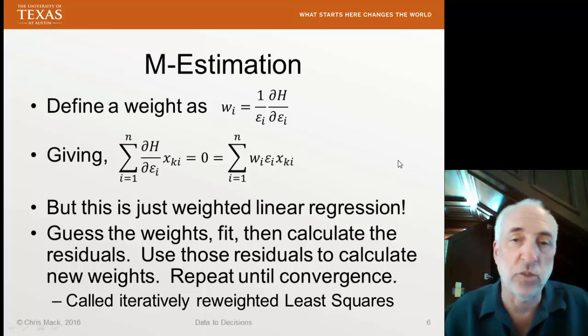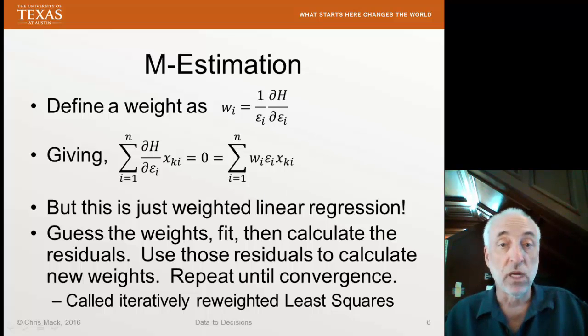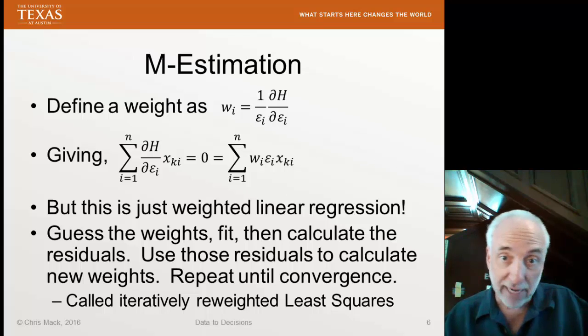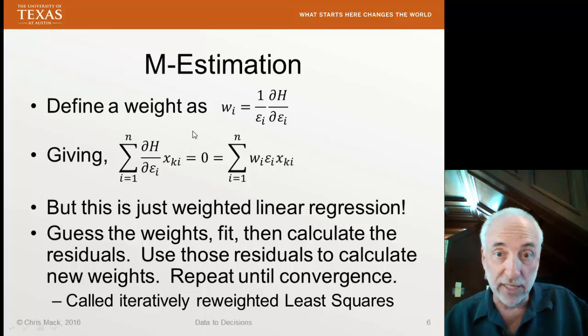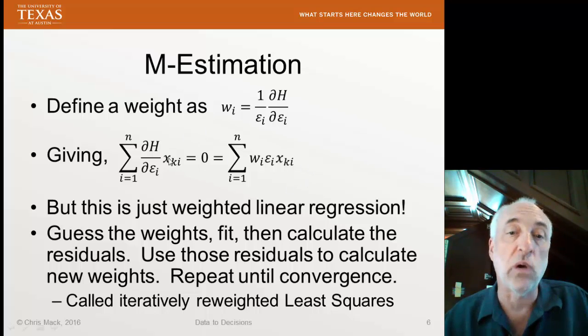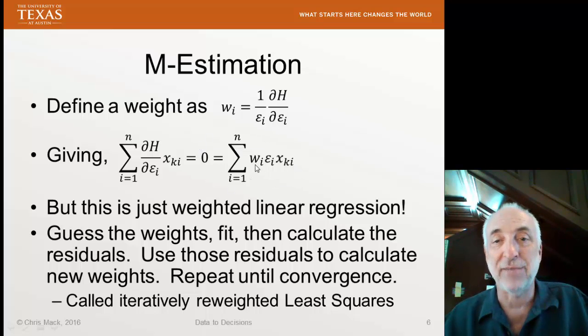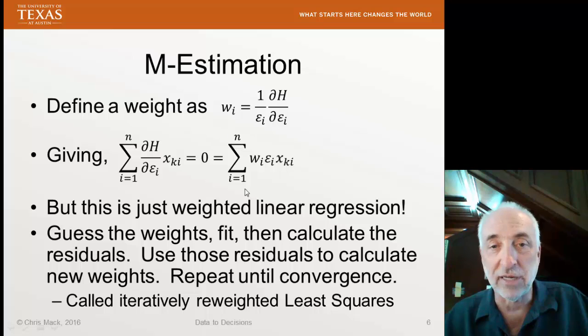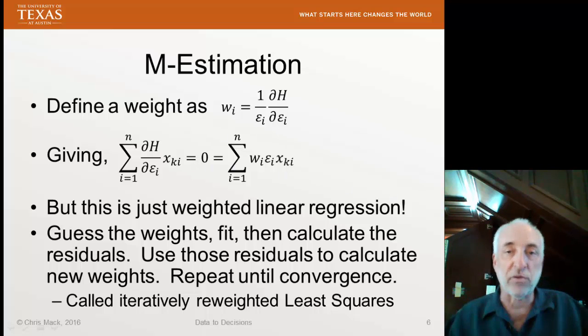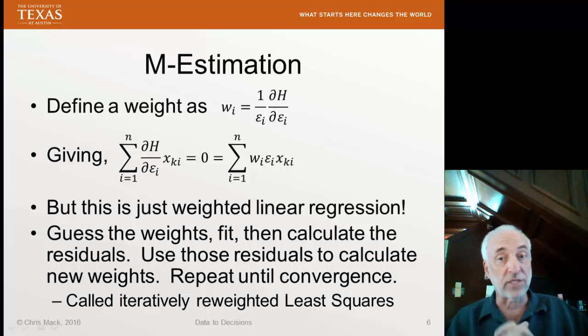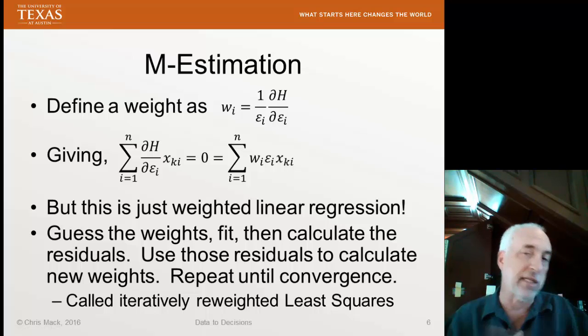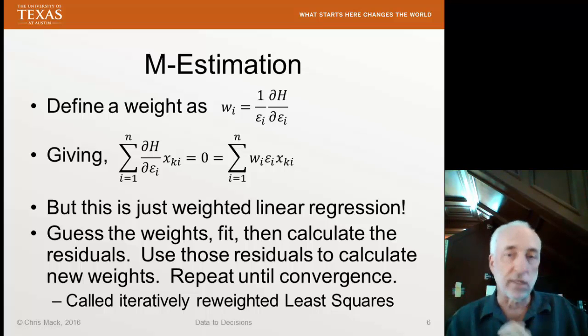Just a little bit of an algebra exercise. Except once I recognize this, I can see what to do. This is nothing more than weighted linear regression. If I take weight times the residual times the value, set it equal to 0, do that for every one of my parameters, solve all of those simultaneous equations, this is exactly how we do weighted linear regression.